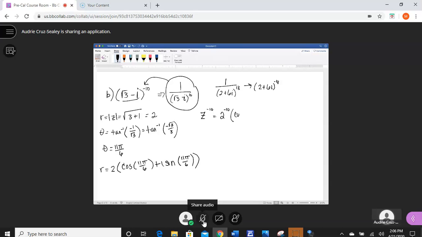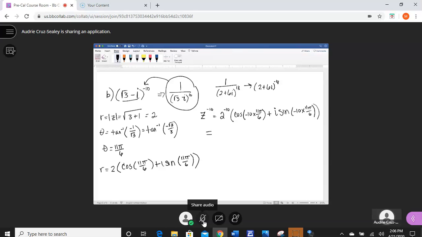And then you're going to have cosine of negative 10 times the 11 pi over 6 plus i sine of negative 10 times the 11 pi over 6. Is everybody okay with that? Is everybody cool with how we apply De Moivre's theorem?